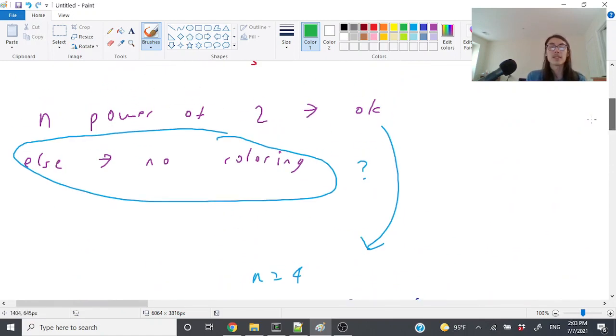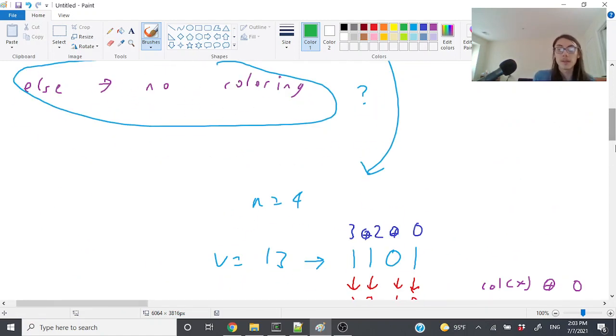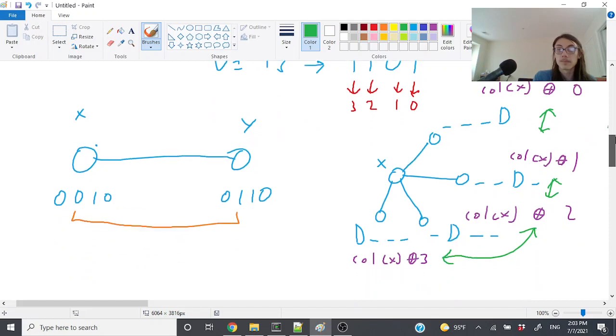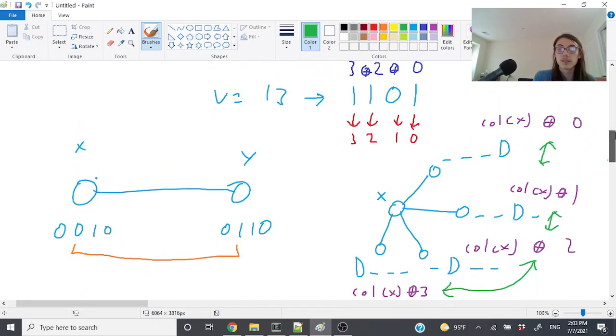And the same thing doesn't work for n not being a power of 2, because the construction doesn't work. In particular, you might end up with colors that aren't in the range 0 to n minus 1.